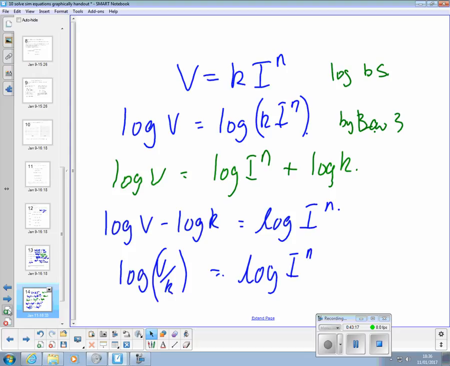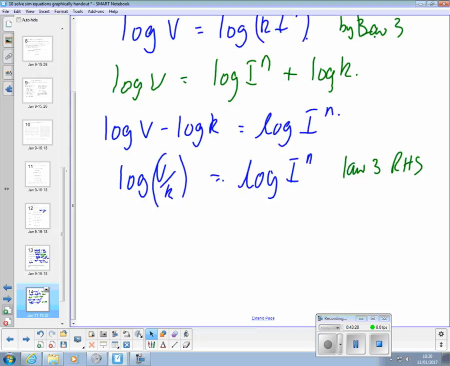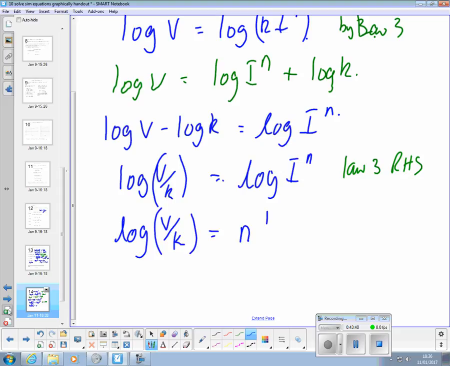How can we get n out of that side? Apply law 3 to the right hand side. We've got log of v over k is equal to n times the log of i, from third law.